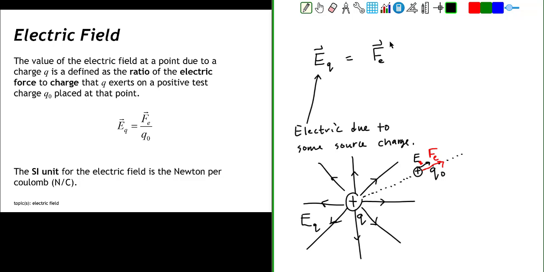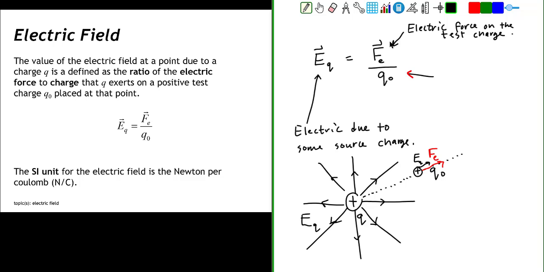So the electric force on that test charge is due to the electric field of our source charge. Let's indicate that here. Electric force on the test charge. And let's divide that by the amount of that test charge, Q naught.